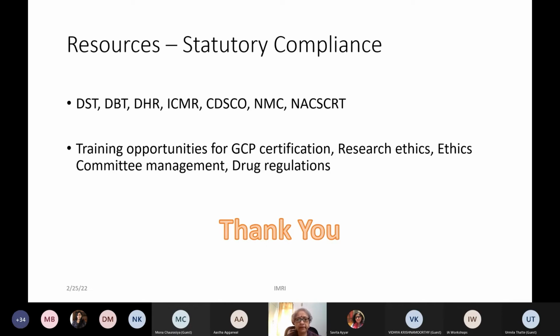The GCP certification was launched on 15th August 2021. Presently, they are in the process of identifying institutions which can become training centers for certifying the personnel who will be training further. So, training of the trainers, with ISO certification, research ethics, ethics committee management, and drug regulations.